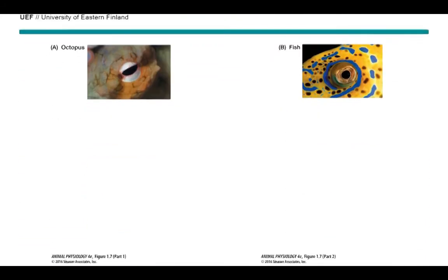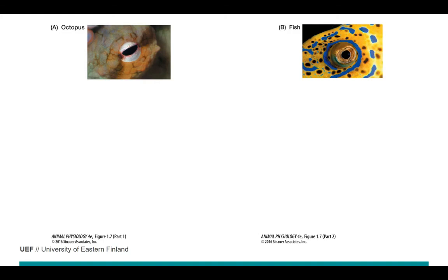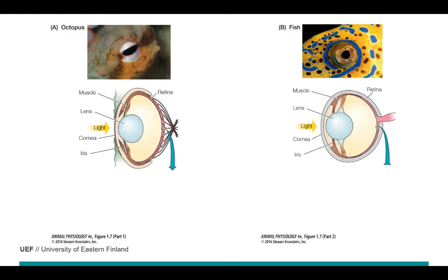But sometimes this evolution goes a little bit weird. So we can have organs that are not having any kind of common ancestor, although they look the same. Over here we have the octopus and fish eye, and on the morphology level they look pretty similar. There's a lens, a muscle that is affecting the size of the lens, and then the retina, which means the photoreceptors, and then there is a connection to the brain.